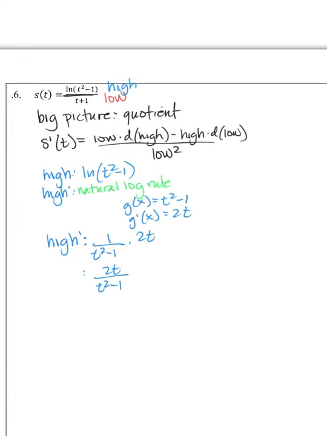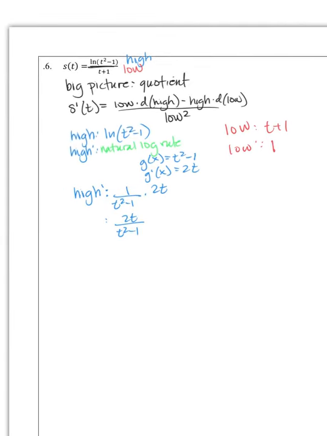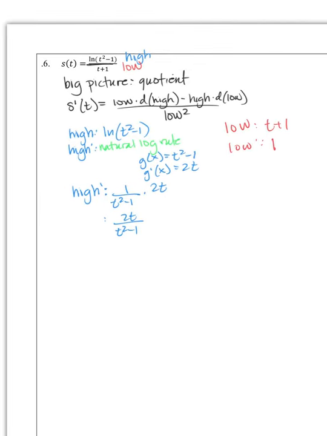Now we are going to do the low. So our low function is t plus 1. Its derivative is 1. Now, to put this all together, we have the derivative of the function s with respect to t.